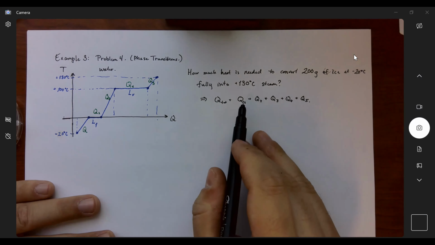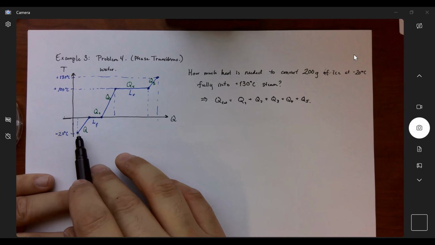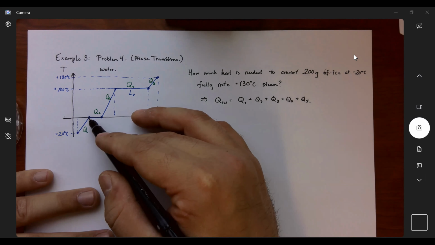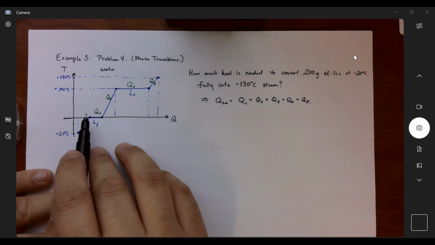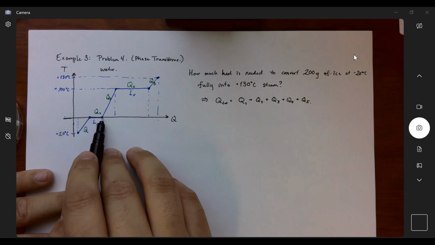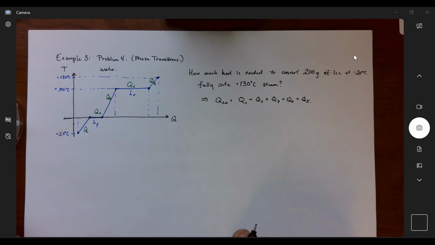All right, so these are the amount of heat that is required to convert, say, negative 20 degrees Celsius ice into 0 degrees Celsius ice. Q2 would be the amount of heat required to convert 0 degree ice fully into 0 degree water, and then so on and so forth for all of that.